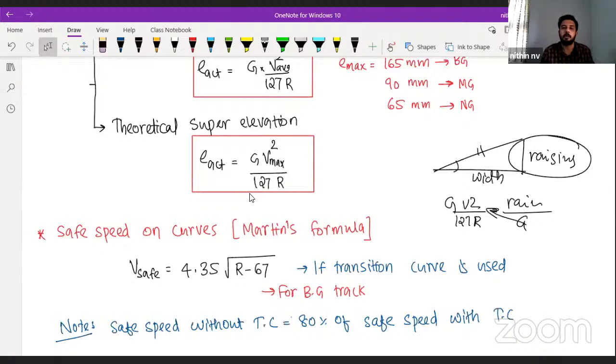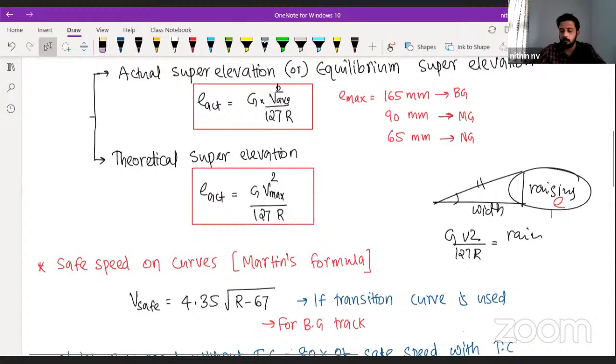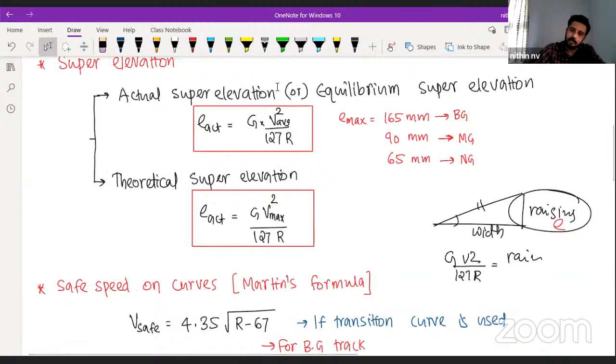The equation will become G into V square by 127R for this raising. That's what we mean by super elevation in railway. That's why it becomes G into V square by 127R. Is it clear, guys? More detailed explanation I have made in the last year's video also. You can watch that also for better clarification or more discussion.